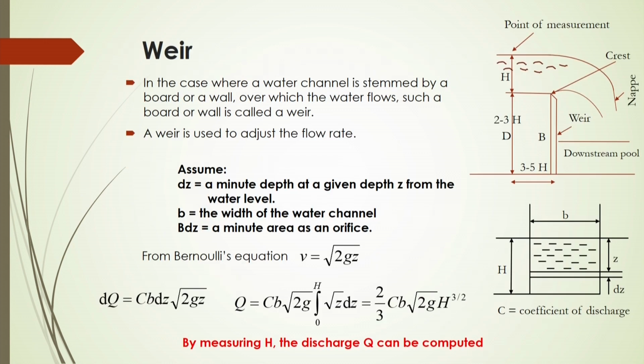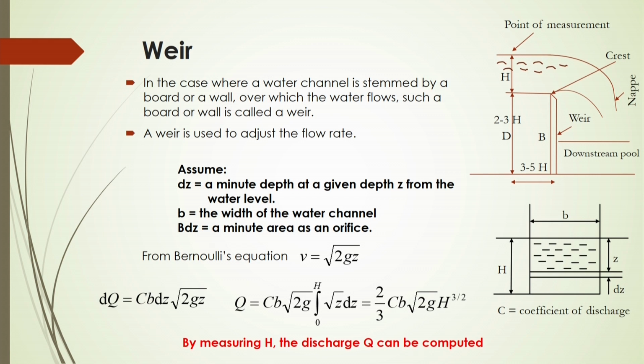Another device we use for measuring the flow rate in a water channel is the weir. Where the water channel is obstructed by a board or wall over which the water flows, such a board or wall is called a weir, as shown in this figure, and a weir is used to adjust the flow rate.